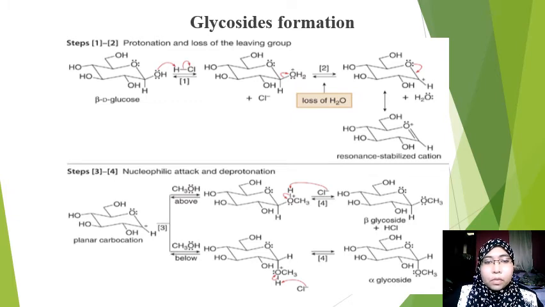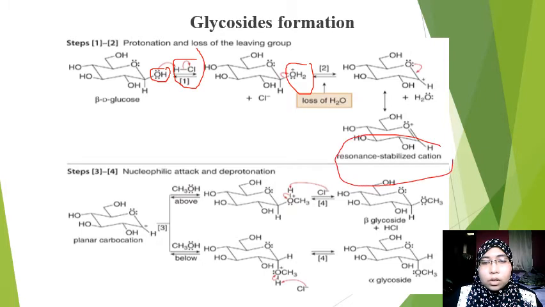Firstly, the OH group at the anomeric carbon attacks the hydrogen from the HCl to form OH2+. The OH2+ leaves as a leaving group to form the resonance stabilized cation. The nucleophilic attack can occur in 2 different ways, which are from above and from below.